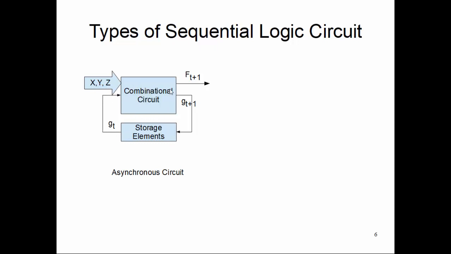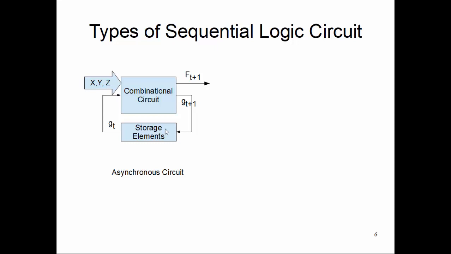So this is a very tricky situation, what to store and when to hand over. If we think of this part as another combinational circuit, it's very hard to control, because of this type of feedback through the combinational circuit over and over again, and your output can become very unstable.